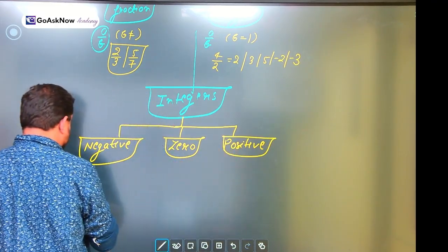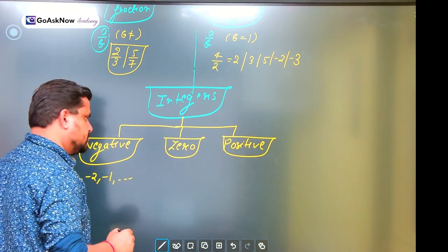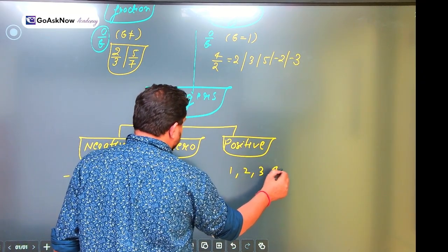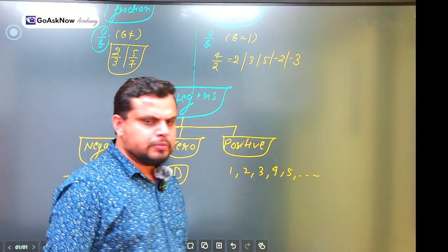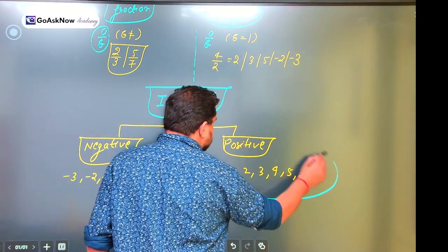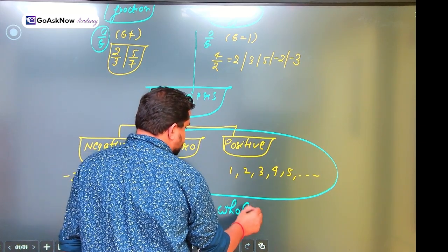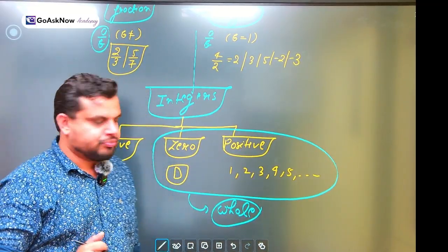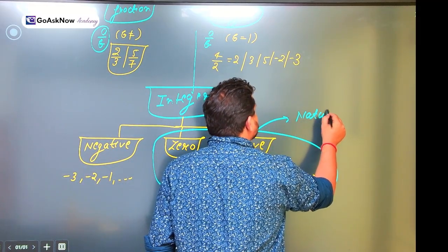So minus 3, minus 2, minus 1, and so on, then 0, and 1, 2, 3, 4, 5. These are positive integers. Here, 0 plus the positive integers are called whole numbers. Only positive integers are called natural numbers.